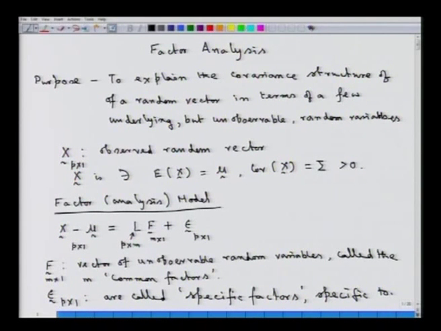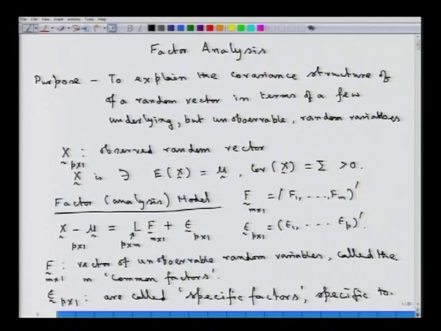It is better to write it: this F, m by 1, is the vector f1, f2, up to fm transpose, and this epsilon is the specific factor vector, having p components epsilon 1, epsilon 2 up to epsilon p, right.